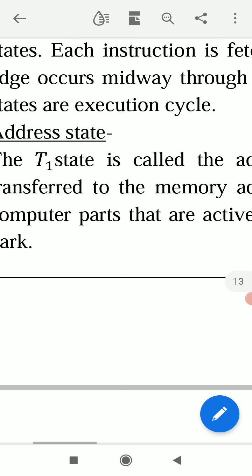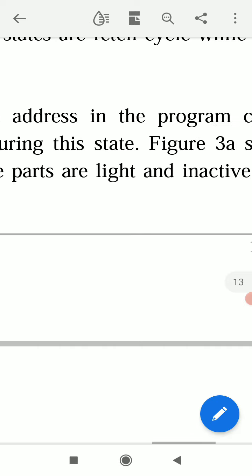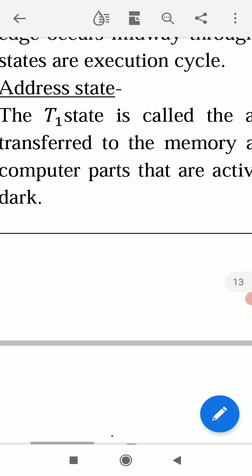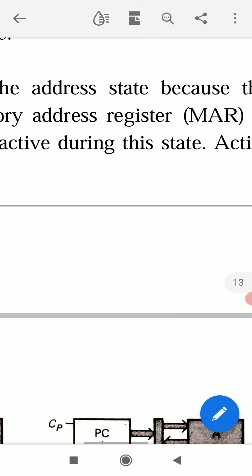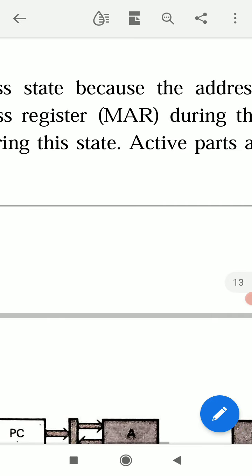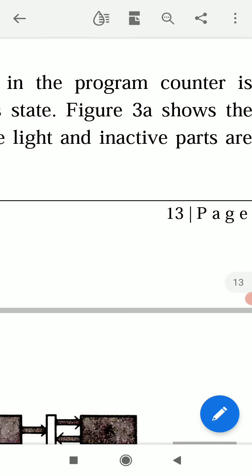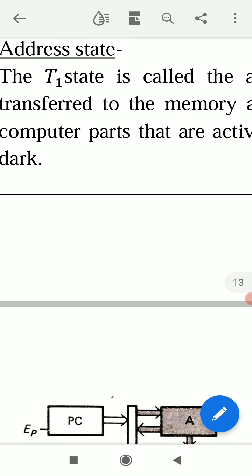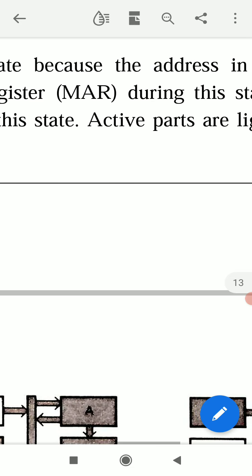The T1 state is called the address state because the address in the program counter is transferred to the memory address register MAR during this state. Figure 3a shows the computer parts that are active during this state.